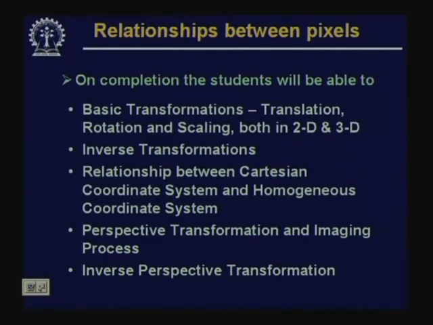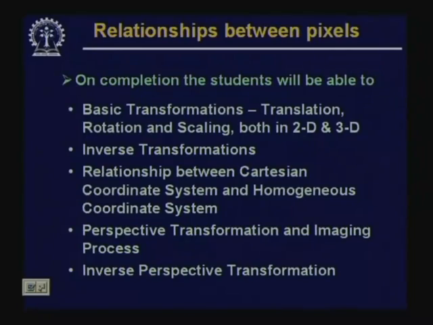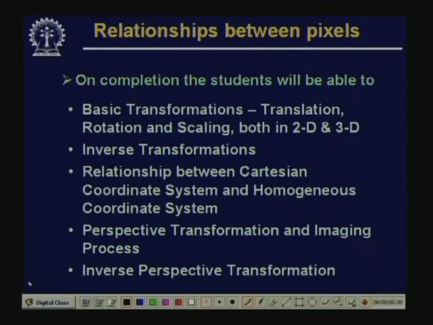We will find the relationship between the Cartesian coordinate system and a homogeneous coordinate system, and we will see that this homogeneous coordinate system is very useful while discussing image formation by a camera. We will also talk about the perspective transformation and imaging process, and then the inverse perspective transformation.